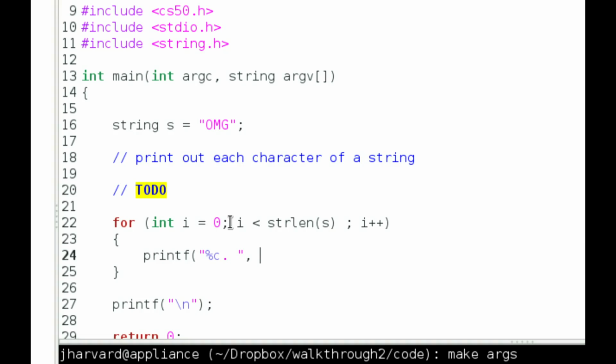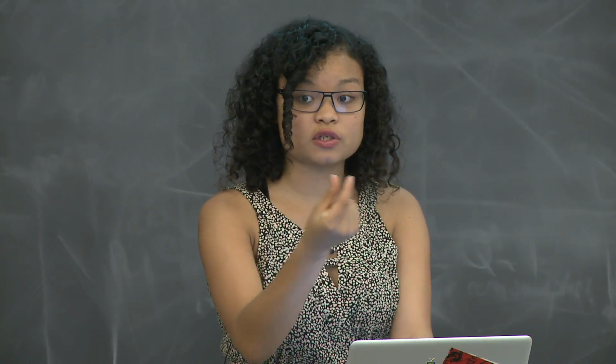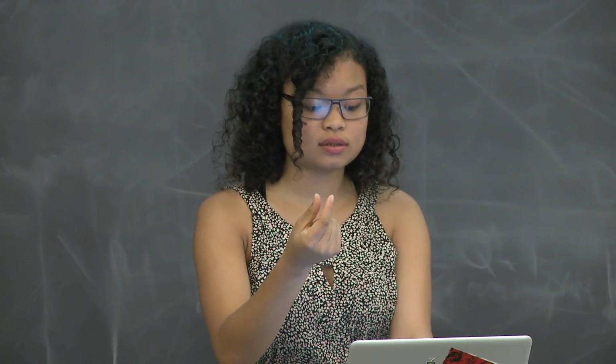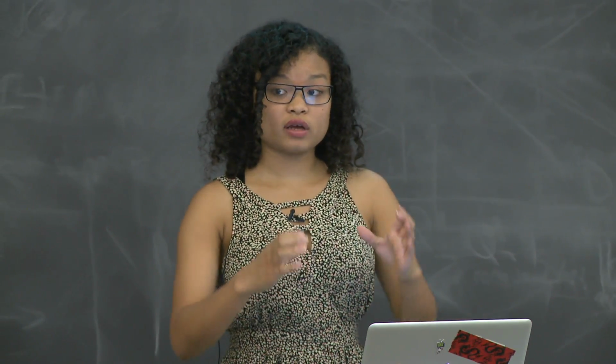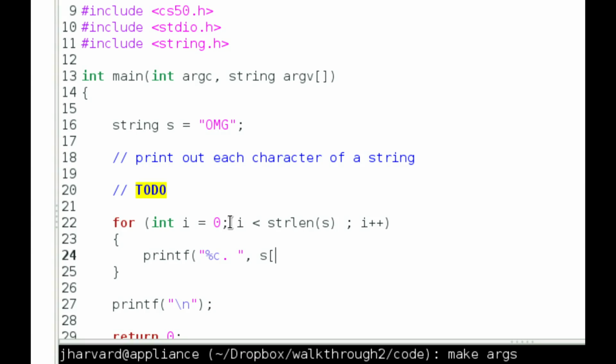Which character are we using? Whatever character we're at in the string, right? So if a string is just an array, how do we access elements of arrays? We have those square brackets, and then we put the index in there. Our index in this case, we can just use i, exactly.